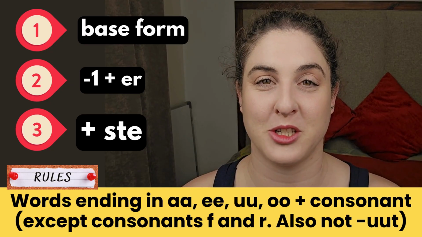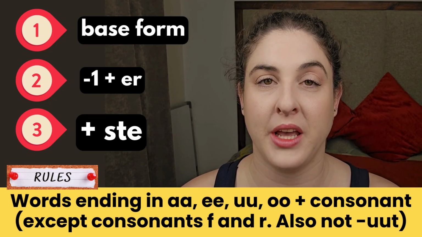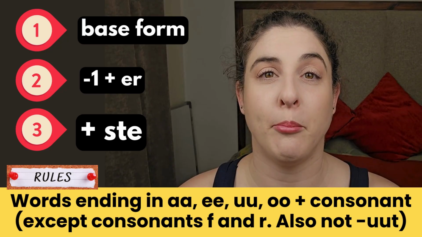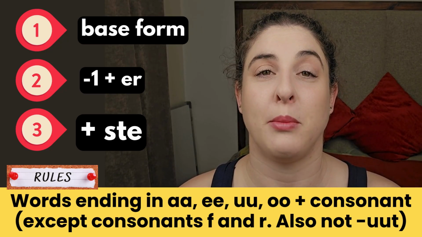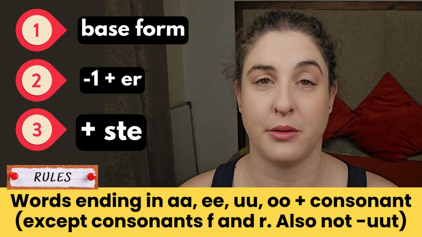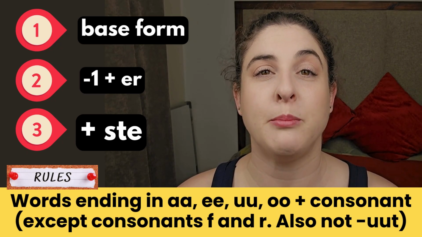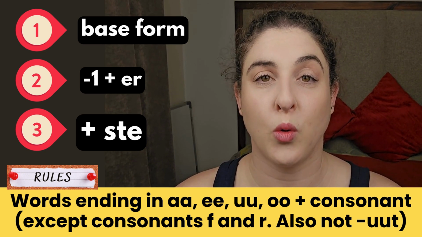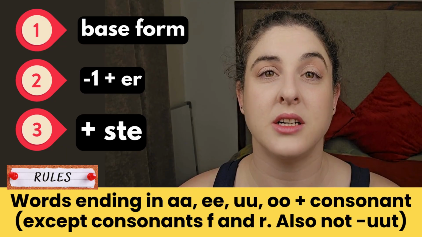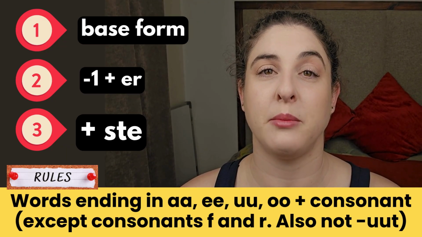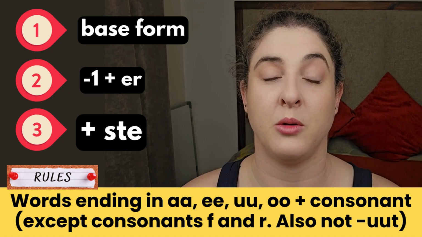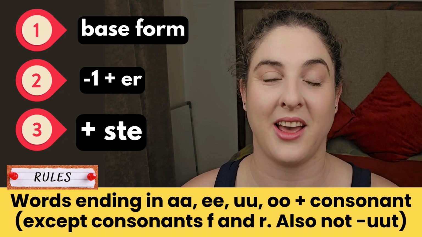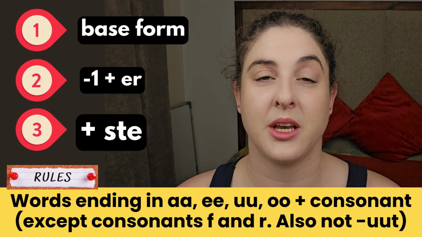The change for those are step 1, base form, step 2, minus 1, plus ER, and step 3, just add st. The minus 1 means you take away one of the langklanke. So if it's a double A, you take away one A. If it's a double O, you take away one O.